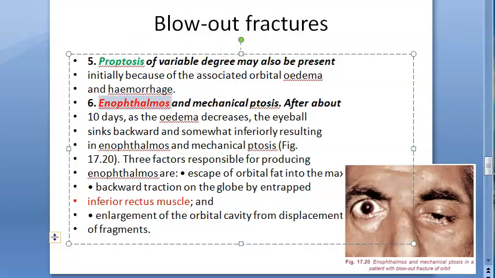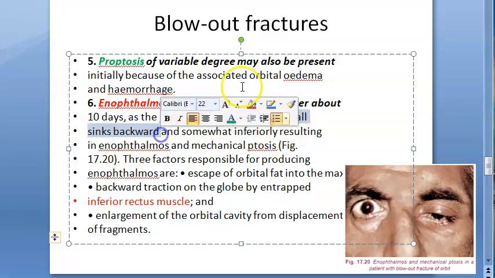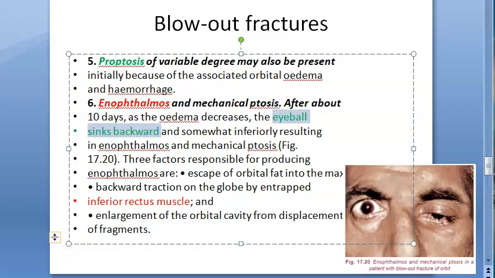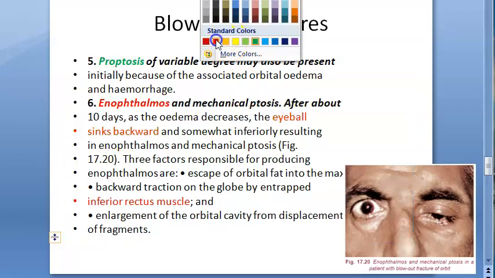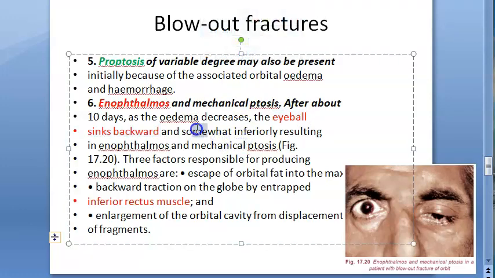Enophthalmos means it looks inset, right? So now how enophthalmos? Mechanical ptosis. After about 10 days, as the edema decreases, the eyeball sinks backwards. So initially proptosis, then the eyeball sinks backwards and there is enophthalmos, that is, an inset kind of eye, right? And somewhat it goes inferiorly, downwards, okay?